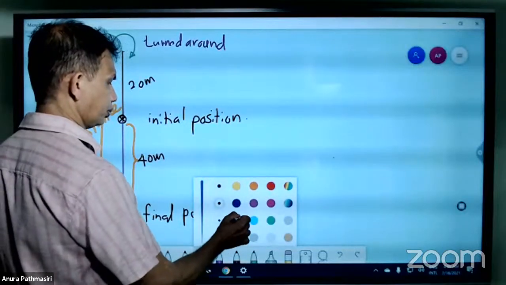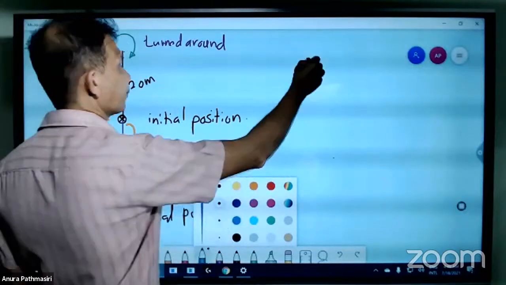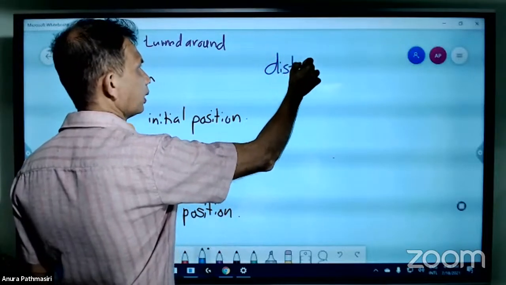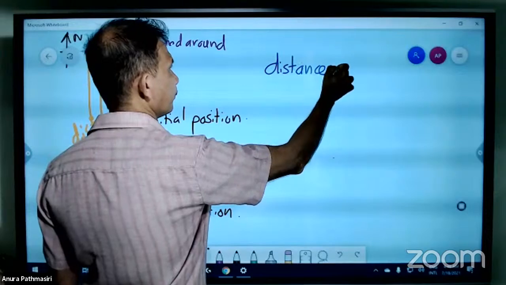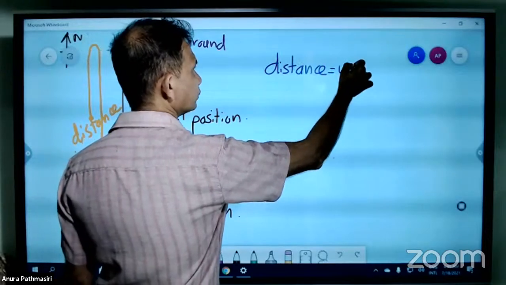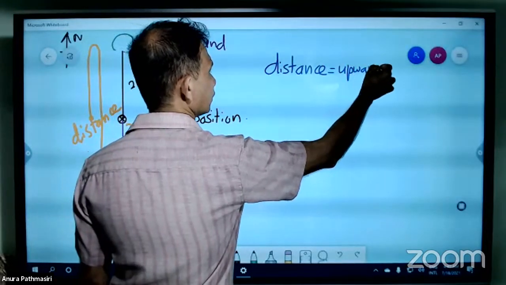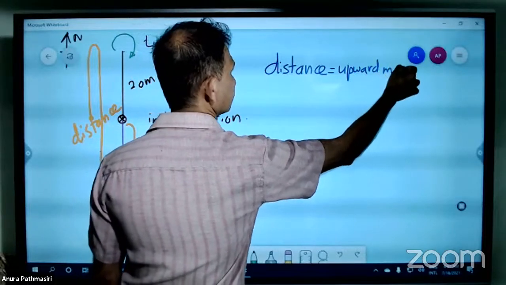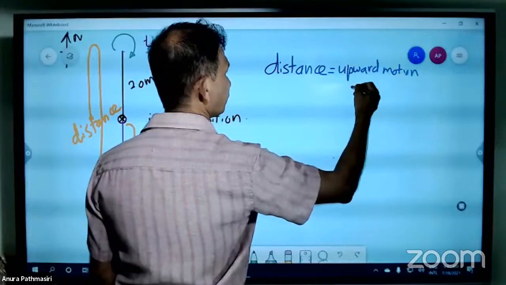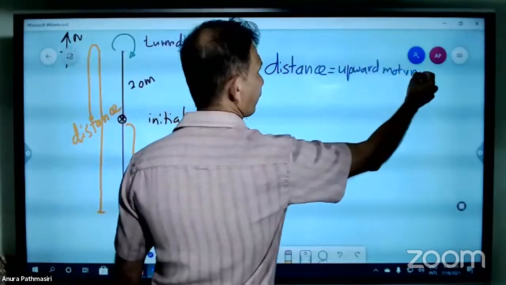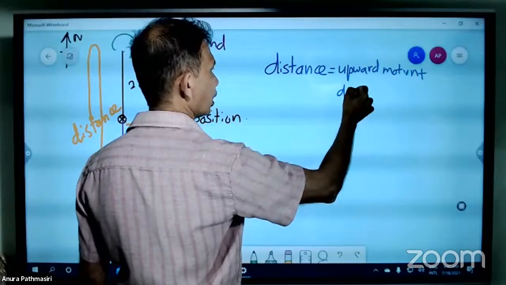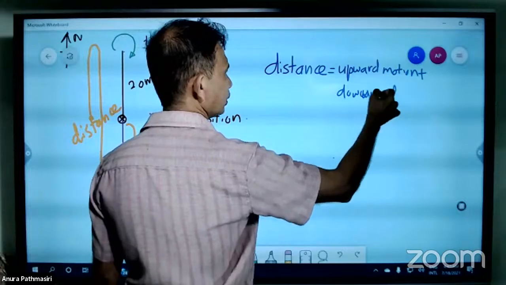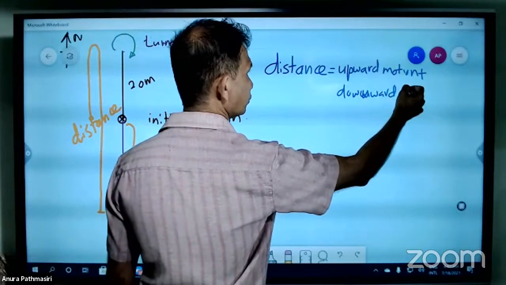So when we think of a distance, it is something like this. Let me have the blue color. Distance can be found out by upward motion, upward in the sense the north, plus downward motion.